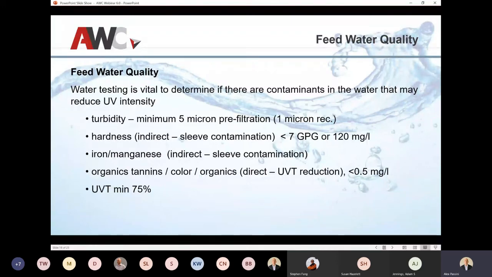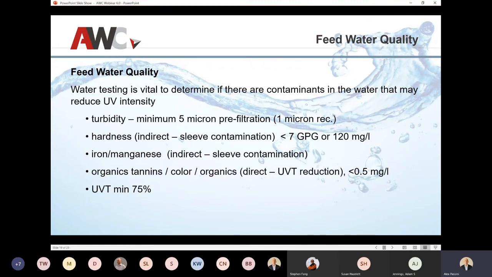Which brings us over to organics. Organics are not potentially going to be fouling up your UV sleeve, but what they will do, however, is absorb UV light. Organics and tannins are much like discolored tea. It's what you would see if you look into a lake and it has that greenish, bluish tone to it. It just basically means it's got some level of organics. So we need to make sure that we pre-treat it, and you're testing for organics. That's very important.